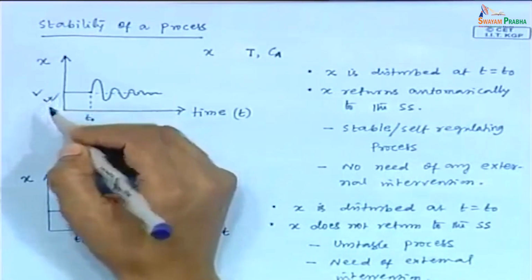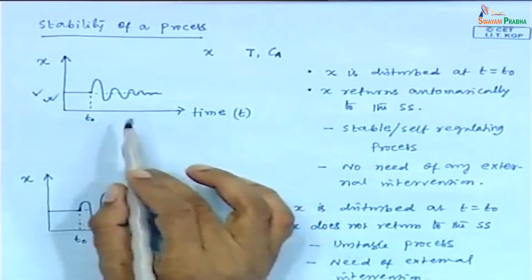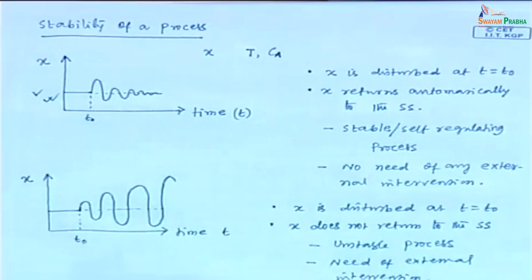Not only that, even for a stable process to reach steady state within a short period of time, we may need a controller. So, here also we realize the need of a controller.